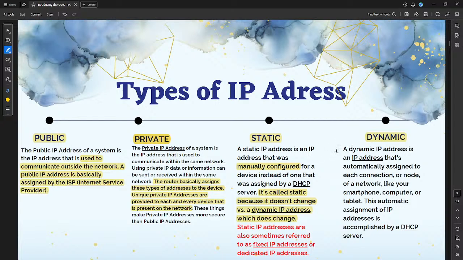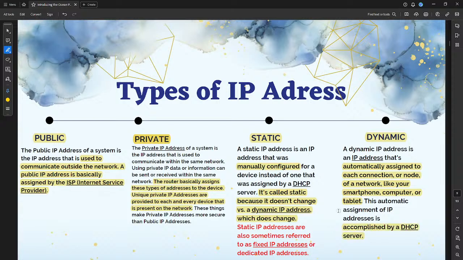Now, what are dynamic IP addresses? These are addresses that are automatically assigned to each connection or node of a network, like your smartphone, your computer, or a tablet. This is usually accomplished by what is known as a DHCP server.